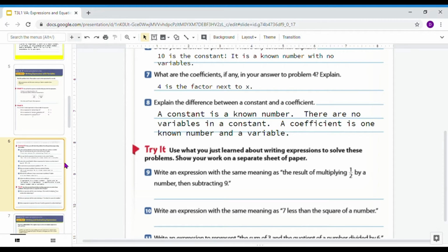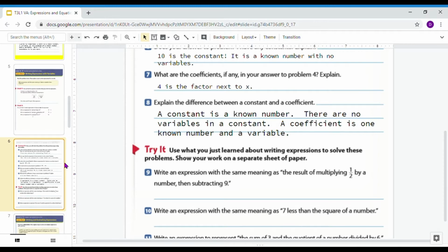So number 9 says, write an expression with the same meaning as the result of multiplying 1/2 by a number, then subtracting 9. So on our dry erase board, we're going to go over here, and the first thing that I always like to figure out is what operation they're using.